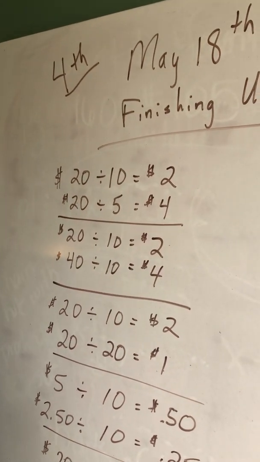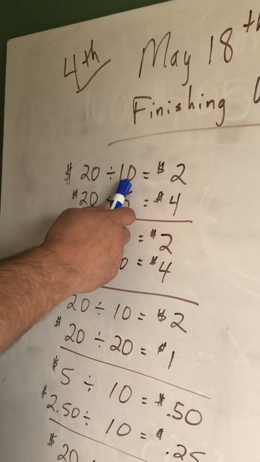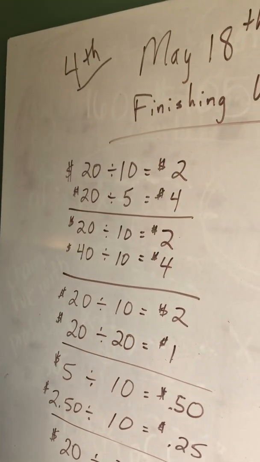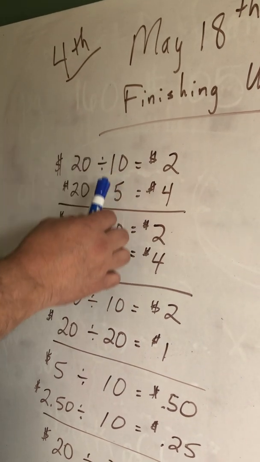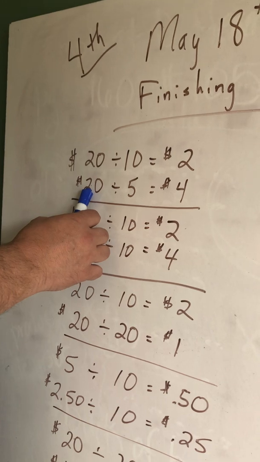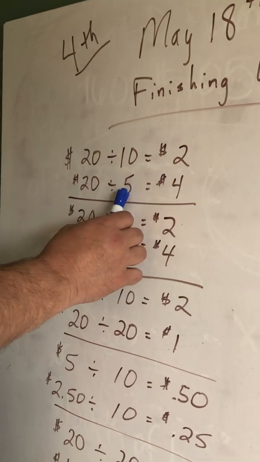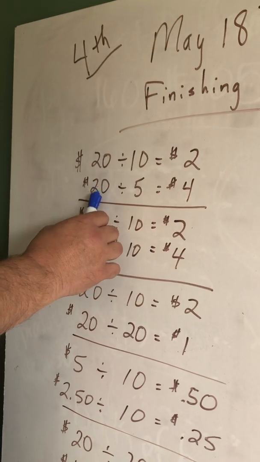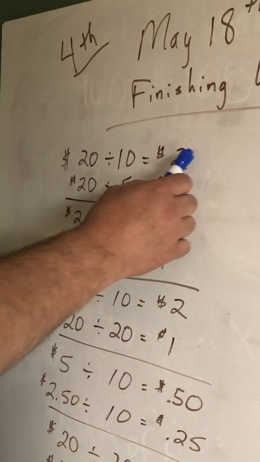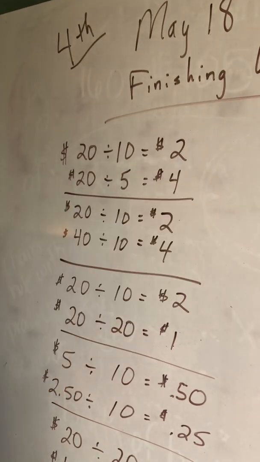For the first one, if you have $20 and you divide it by 10 people, they each get $2. But what if you cut the divisor in half? The money stays the same. Now there's only 5 people. Since there's fewer people wanting that $20, you get more. So it doubles. Because we cut the divisor in half, the quotient doubles.